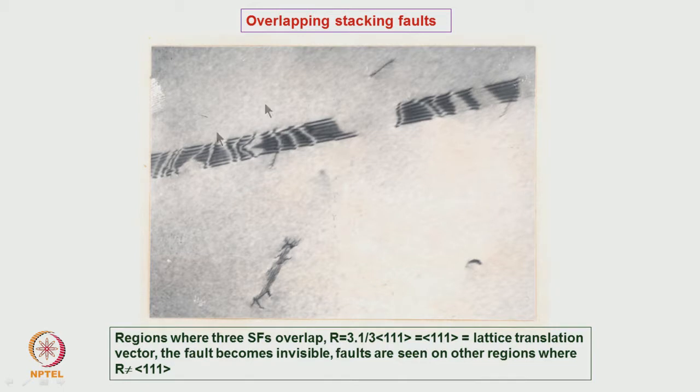If that is the vector which we use when we look for the intensity of the fringes, the fringe contrast will change, because that is going to bring about a variation in the amplitude of the wave for the same position at which we are trying to calculate it. So suppose 3 faults are coming on top of it, then what happens to R?